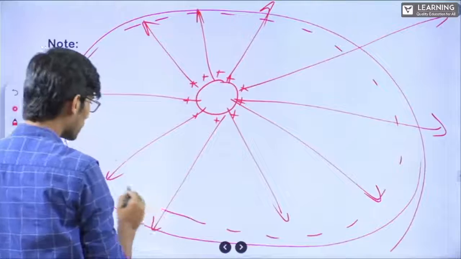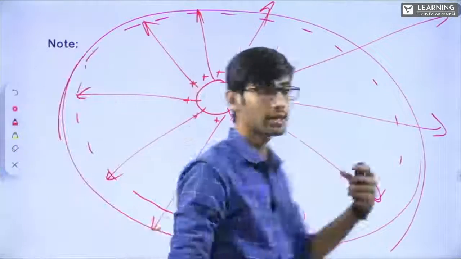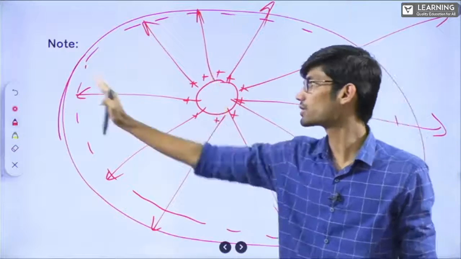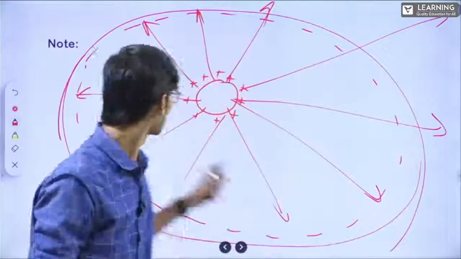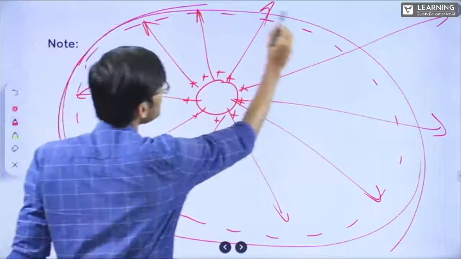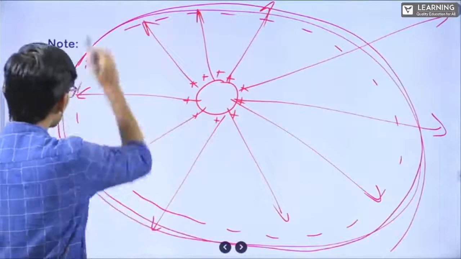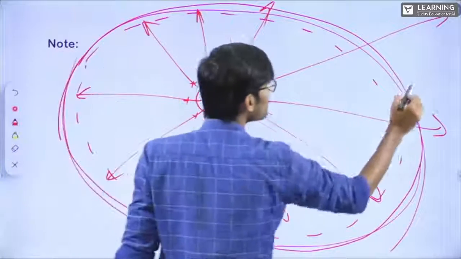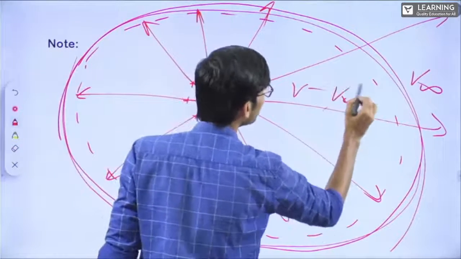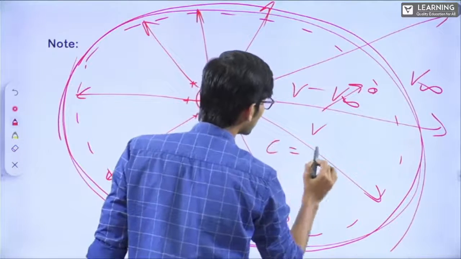Now these radial electric field lines are justifiable, right? They come out from positive and end at negative. So this surface is at infinity. If I take the potential difference, this is V infinity, this is V. V minus V infinity, and V infinity is 0, so that is V. So there it was Q by V.